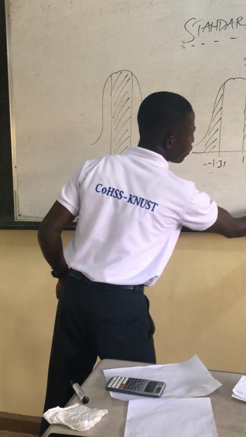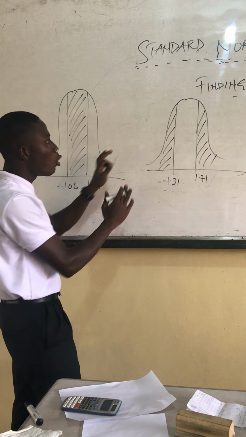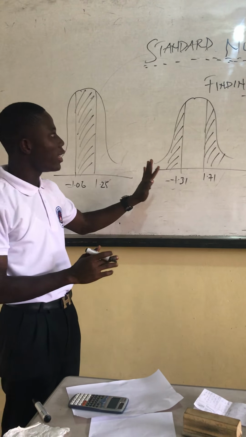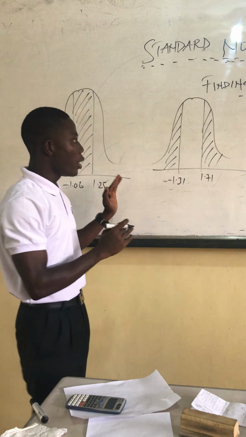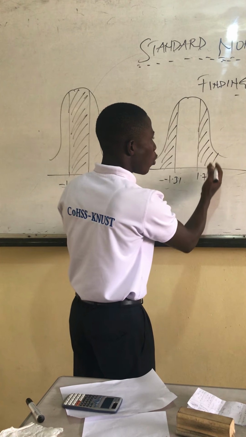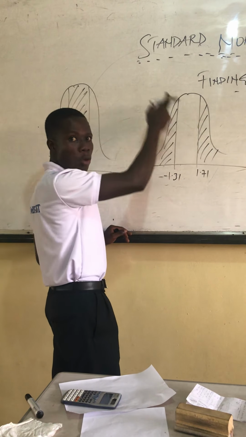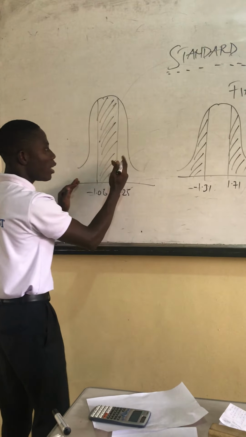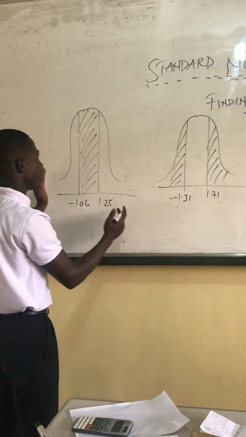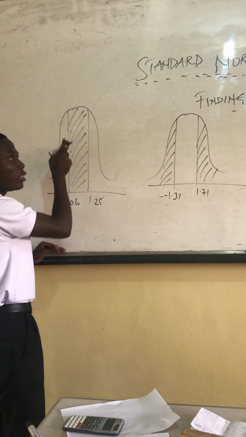Okay, so please, let's take a critical look at these 2 distributions. They are different altogether. Here we have the right side shaded, the left side shaded, and the middle is left open. Here, the right side and the left side are left open, but the middle is shaded.